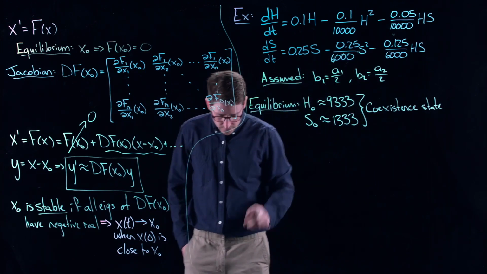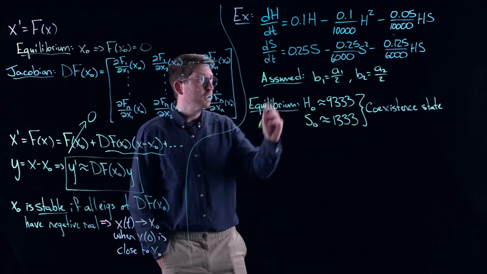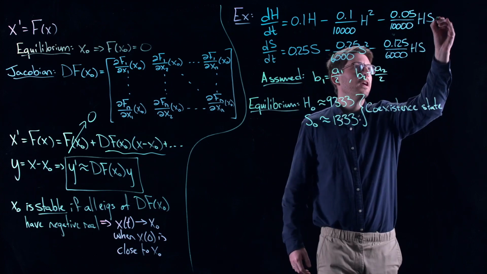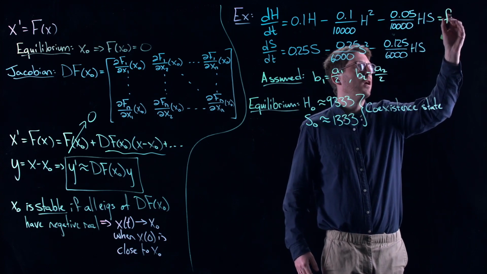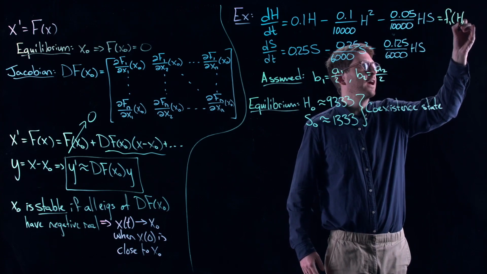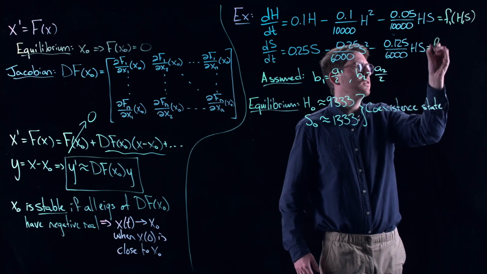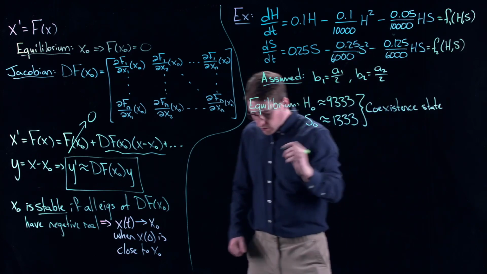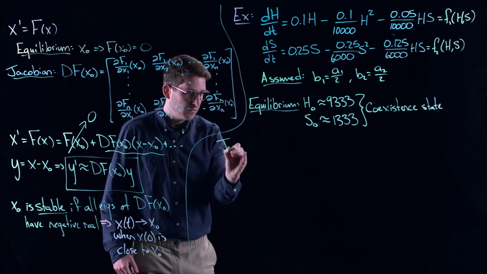Well, in this case, you are going to compute the Jacobians here, okay? So if you call this whole thing F1 of H and S, and you call this whole thing F2 of H and S, you got some Jacobians to compute.